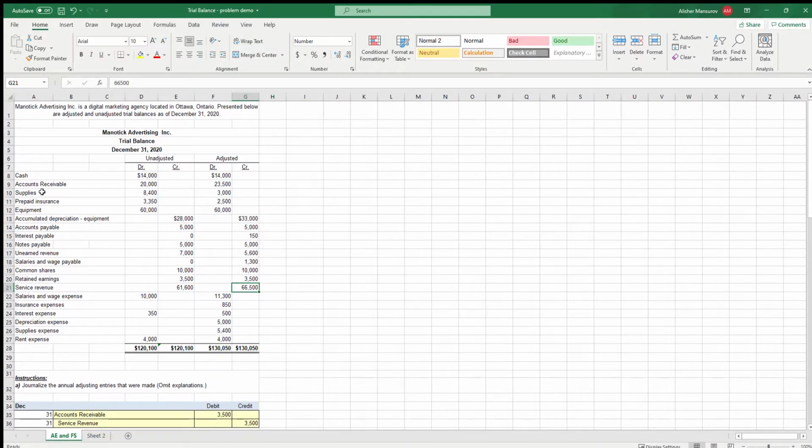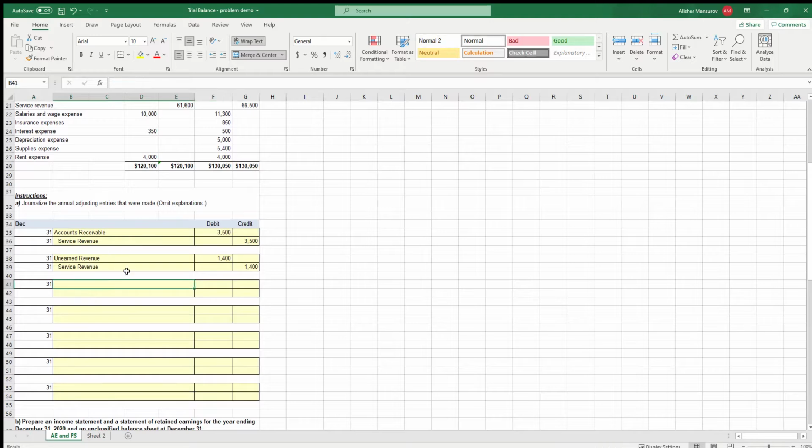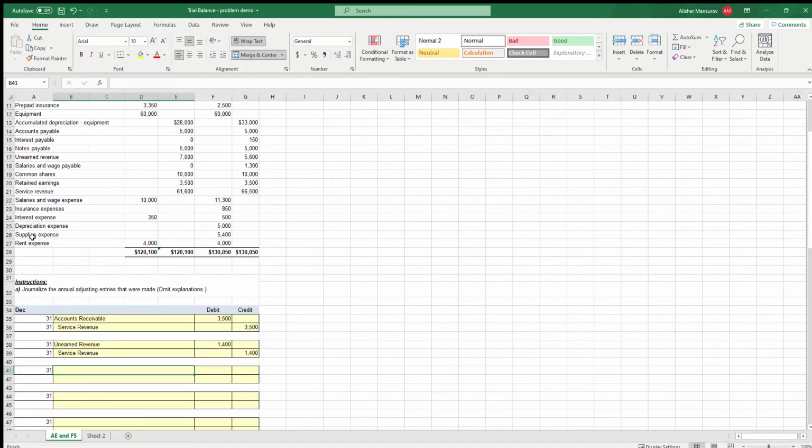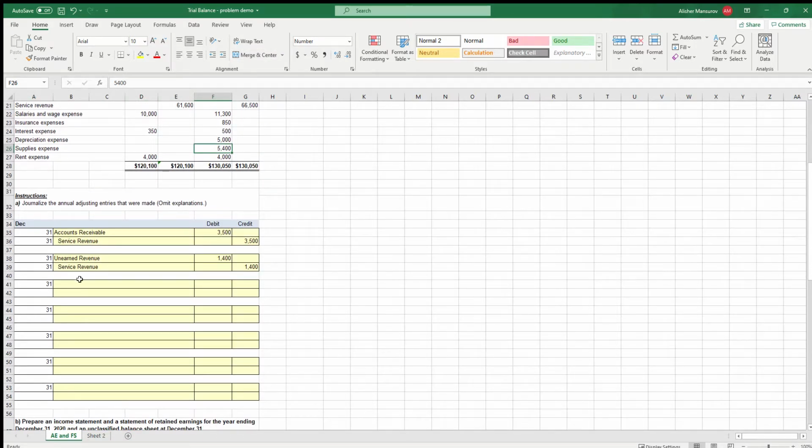All right, so let's look to see if we see any other changes. Supplies went down from $8,400 to $3,000. This is normally caused by supplies expense, and it looks like supplies expense was $5,400. So let's record that.